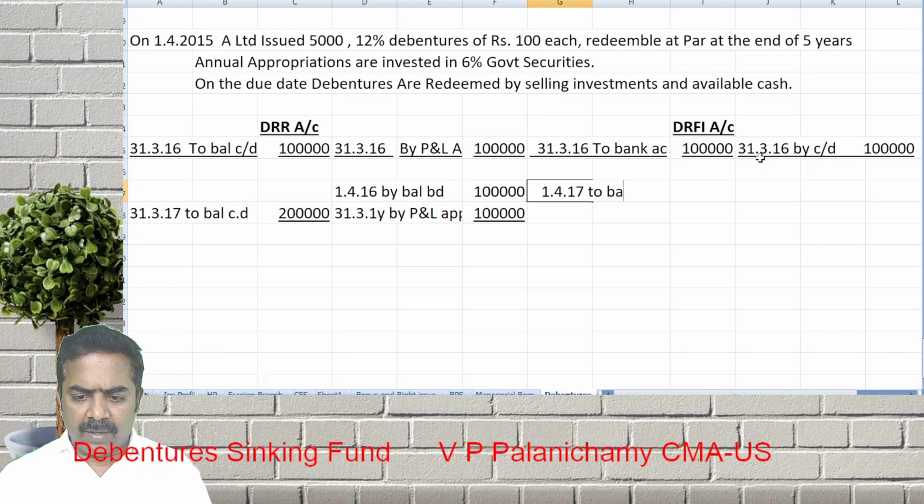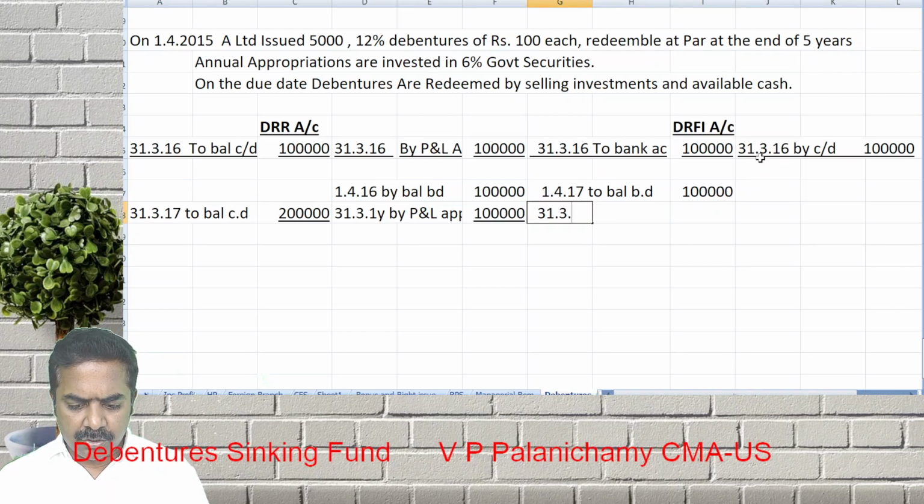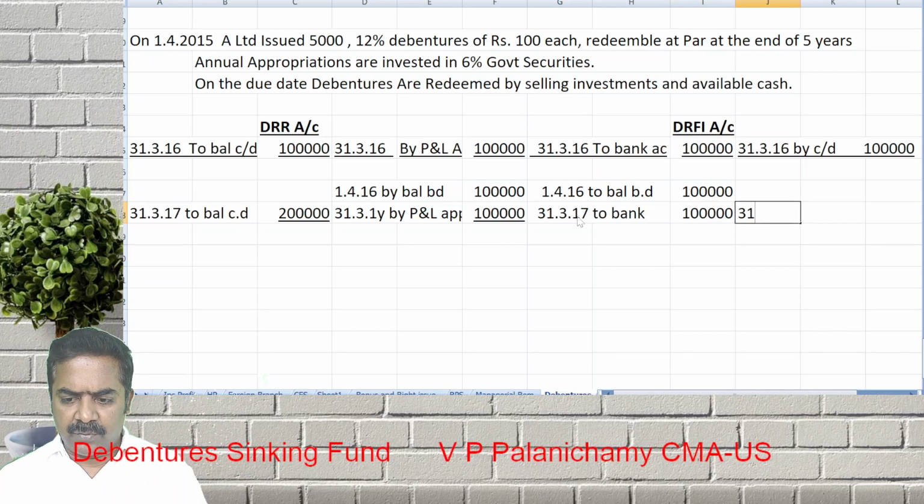Again we make investment on 31st March. On 1/4/2016 it is 1 lakh. On 31st March 2017 we make investment of 1 lakh, then 31st March 2017 by balance carry down will be 2 lakhs.